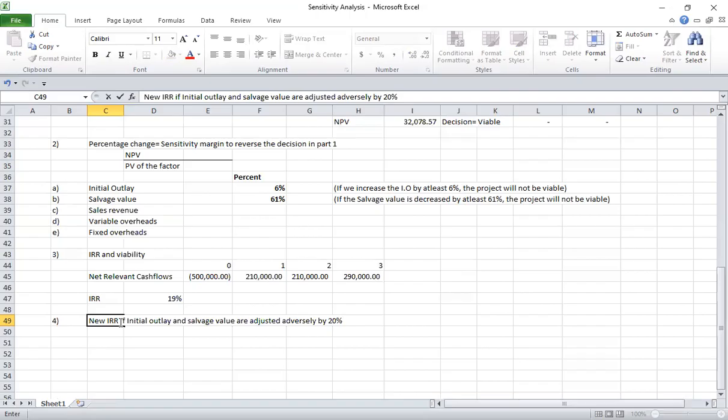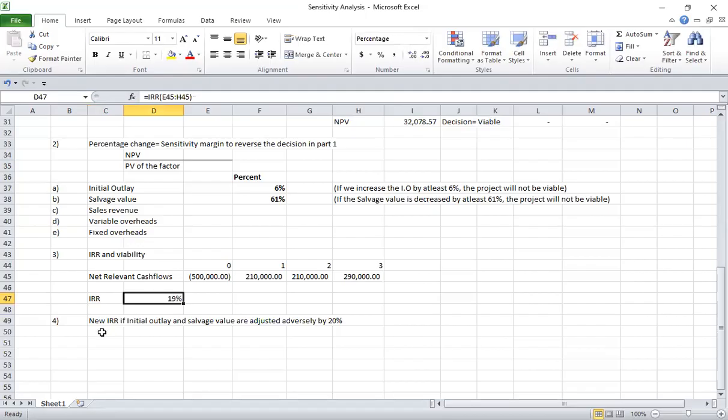So in that case, we want to look at sensitivity analysis, but of course in terms of the internal rate of return, assuming we change one variable by so much percentage, in this case 20%, we are looking at how will our internal rate of return change from this 19%.